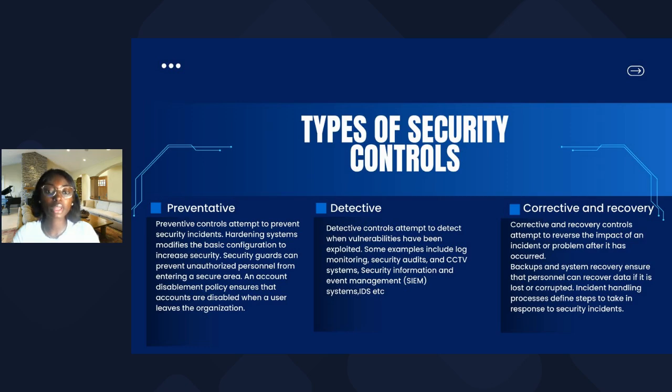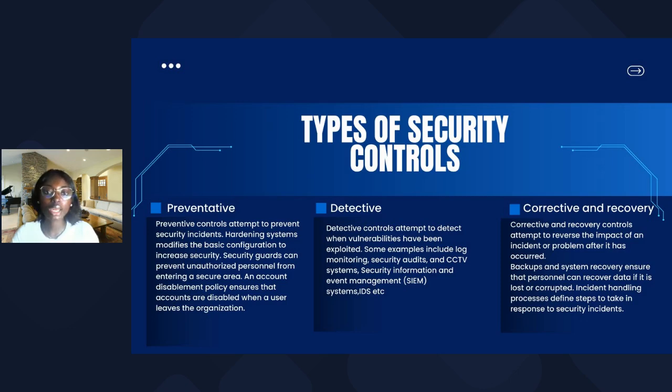Remember that you cannot completely do away with cyber incidents, cyber attacks, right? But you can try to prevent them, right? And what you can do is to implement preventive control to, like, okay, even if we happen to experience security incidents, we have measures in place that would help us prevent them from happening.